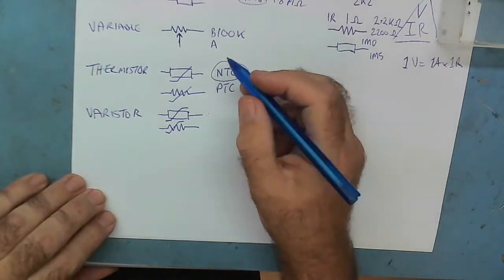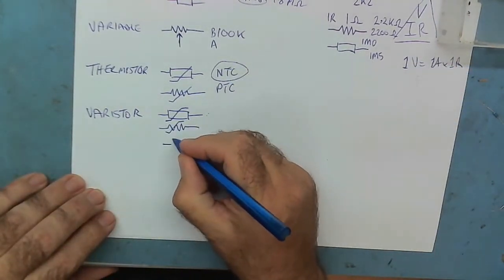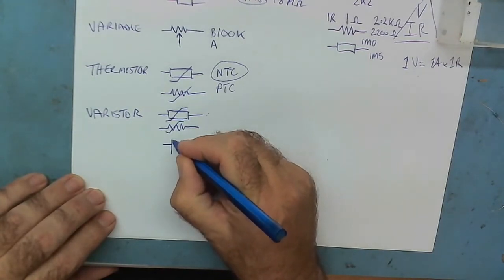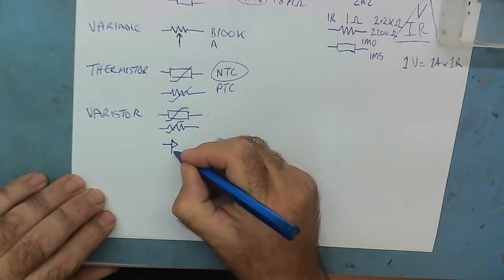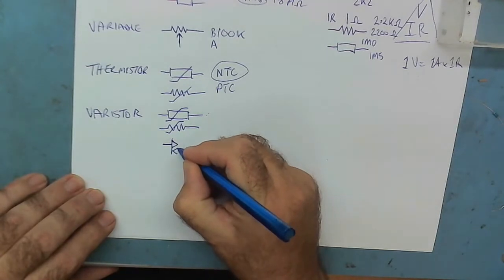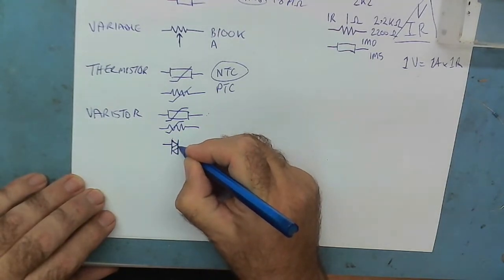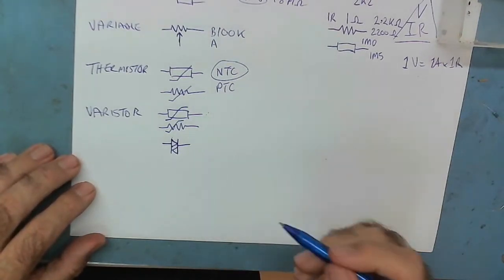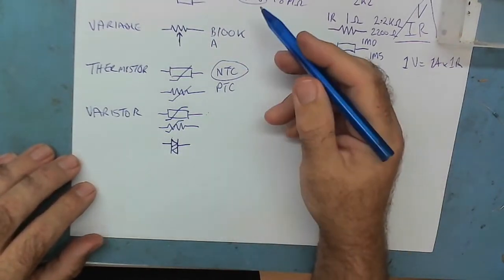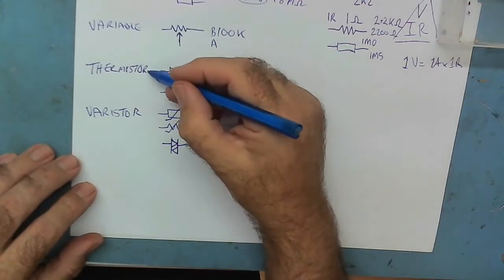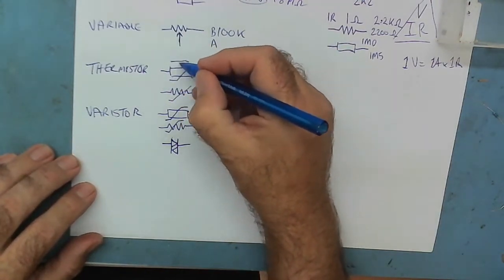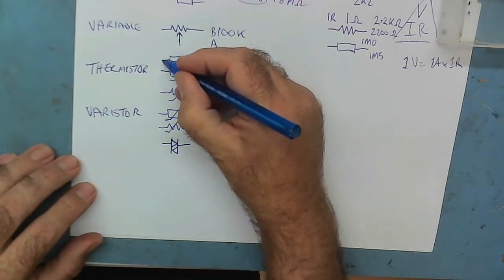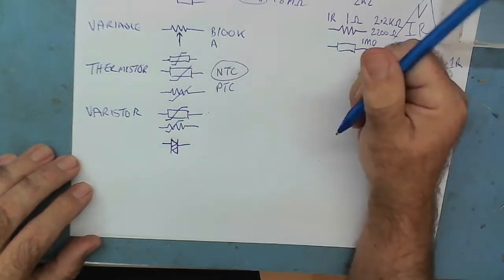This one sometimes has another symbol. You'll sometimes see this symbol. All those are varistors. Just to confuse matters, sometimes a thermistor is marked like this, the same as a varistor.